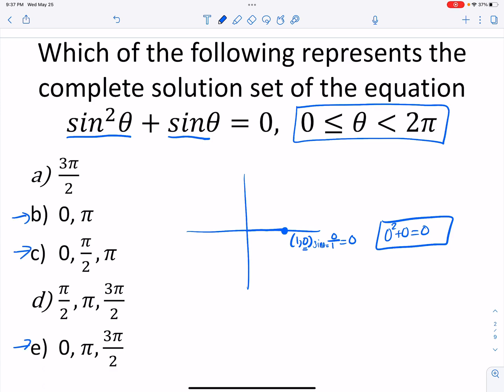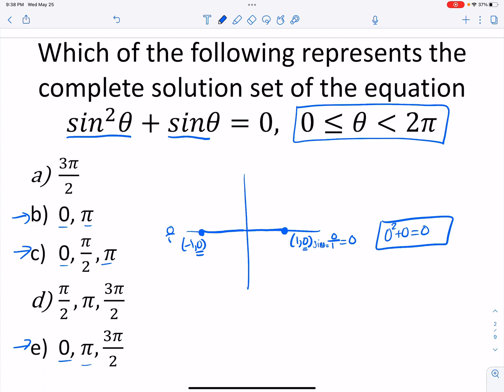Okay, so then I'm going to look at pi. Pi is over here, which is (-1, 0), so it's opposite over hypotenuse, so it's still 0, so pi would also be in there. So 0 and pi work, okay?